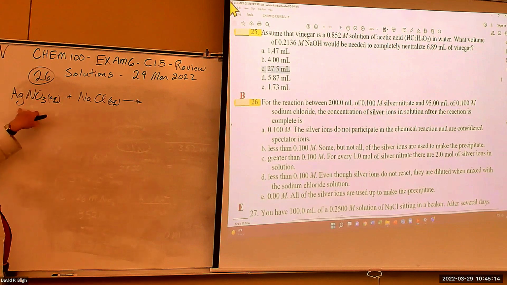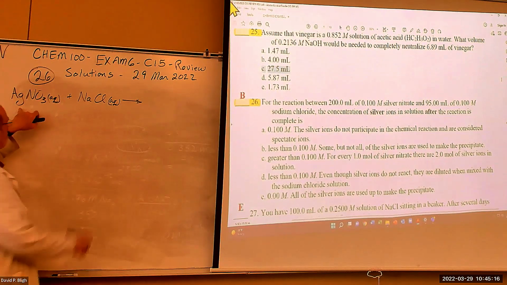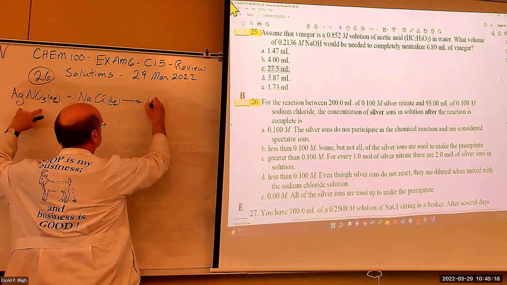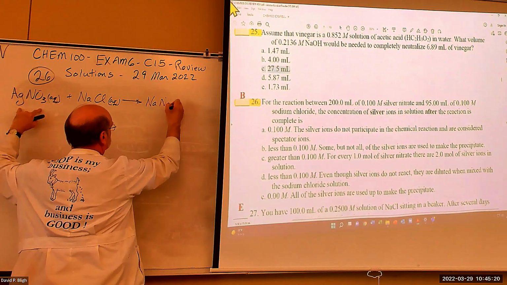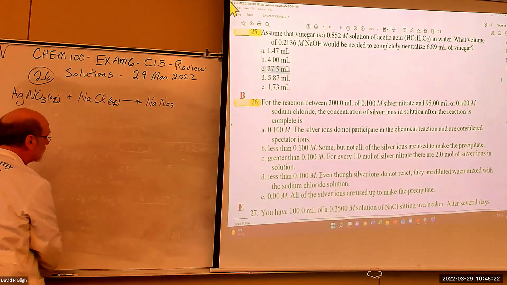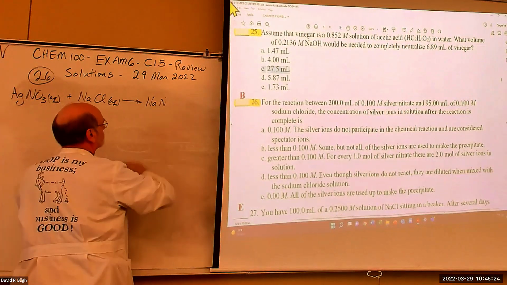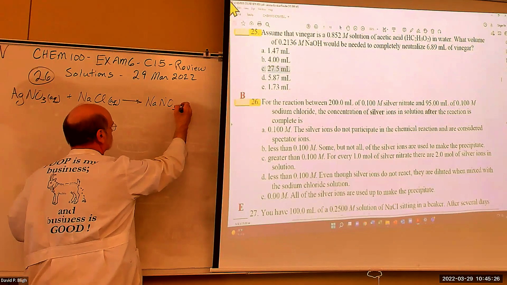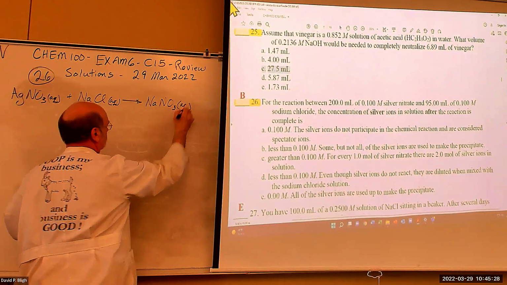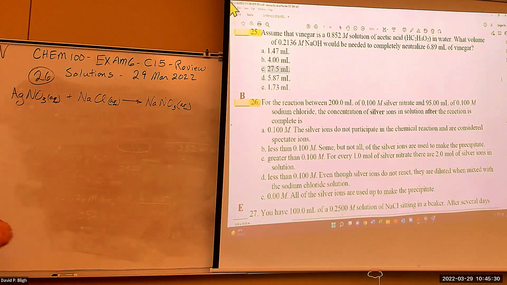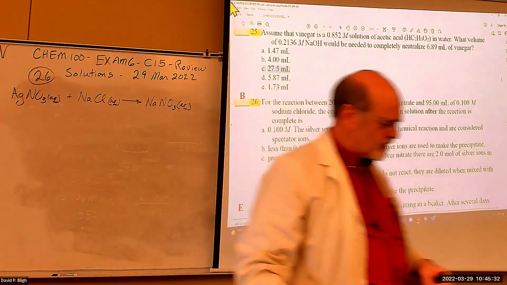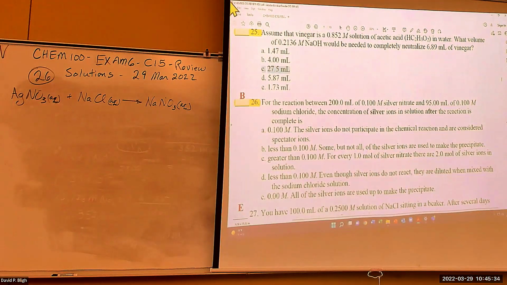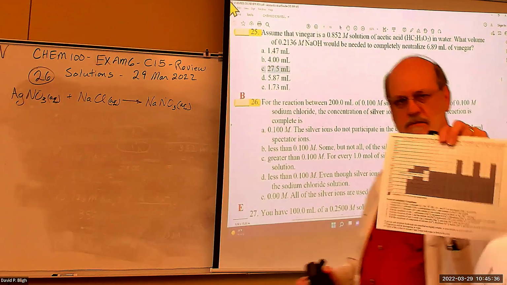Sodium substitutes for silver, so we get sodium nitrate, which is soluble. That's what the solubility chart is for.